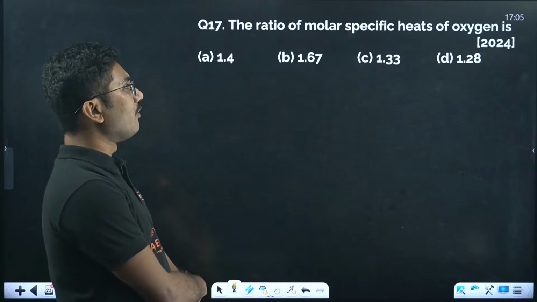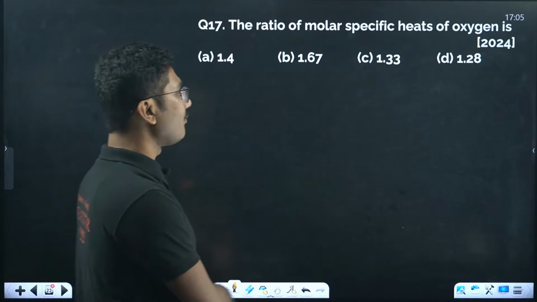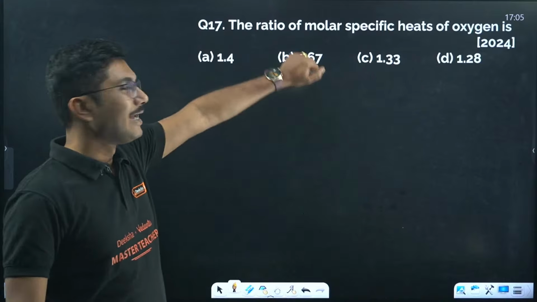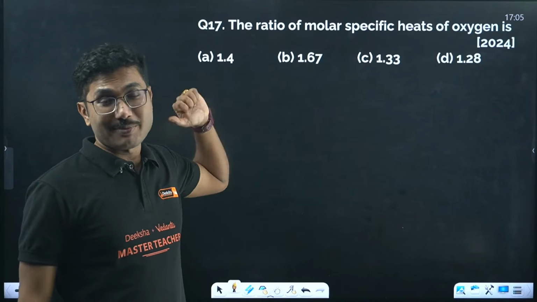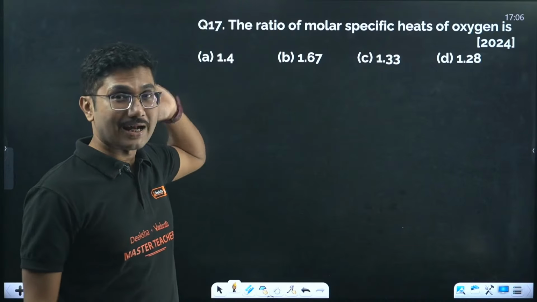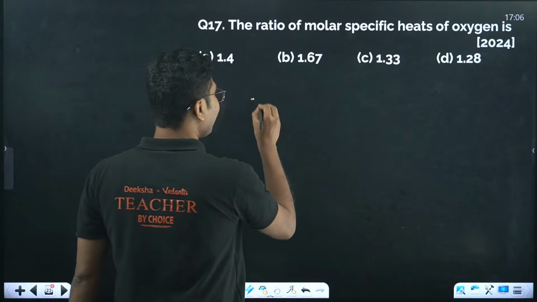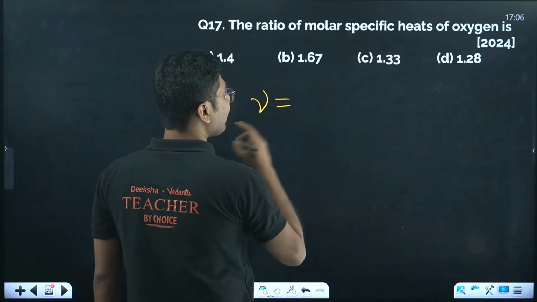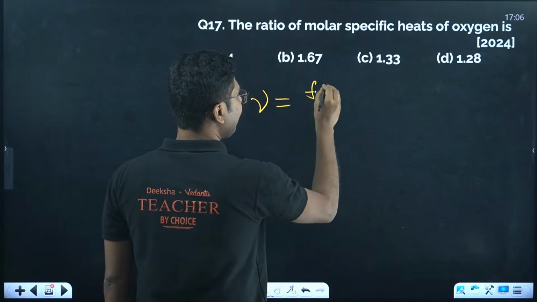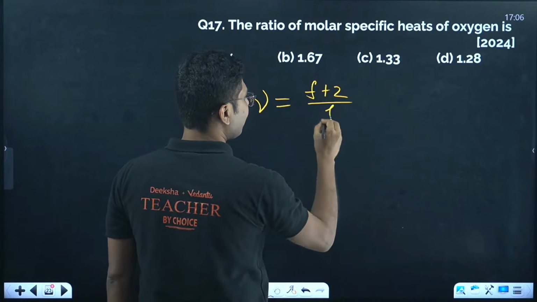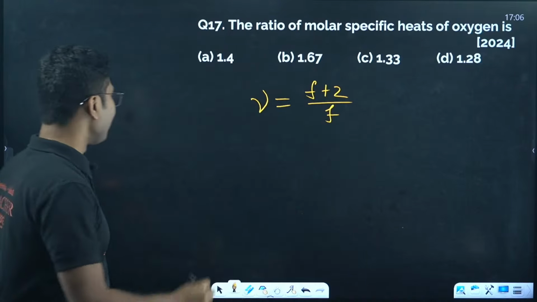The ratio of molar specific heats of oxygen is. If you have understood that concept, you will be able to answer this question. Gamma equals (degree of freedom plus 2) by degree of freedom. For oxygen, how many atoms are there?